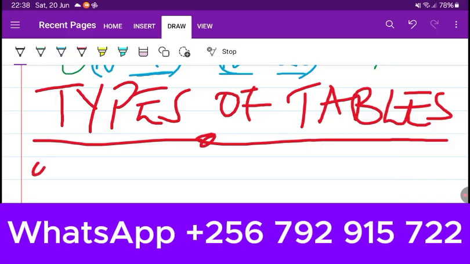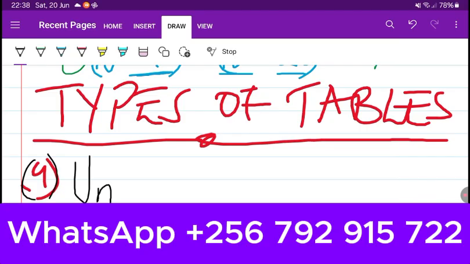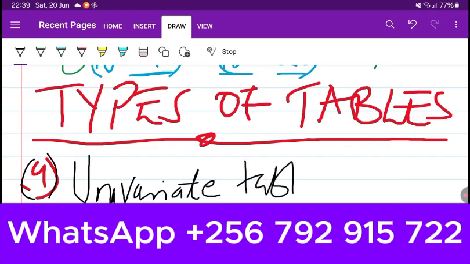So let's start with what we call univariate tables. What are univariate tables?